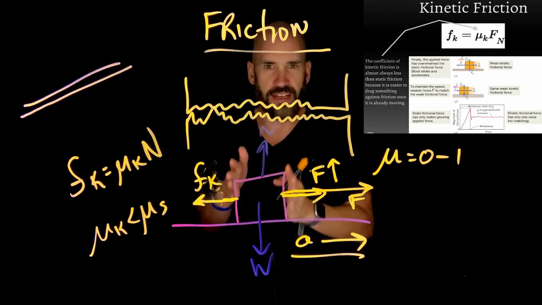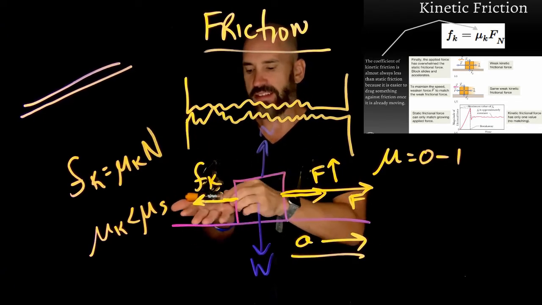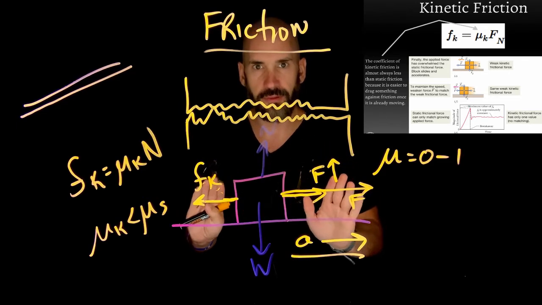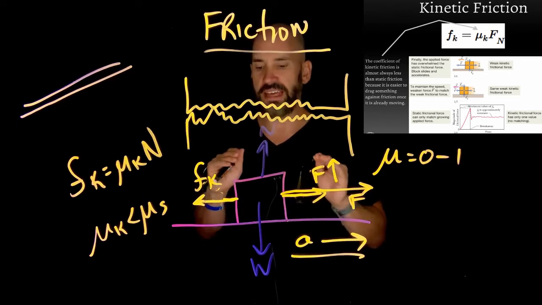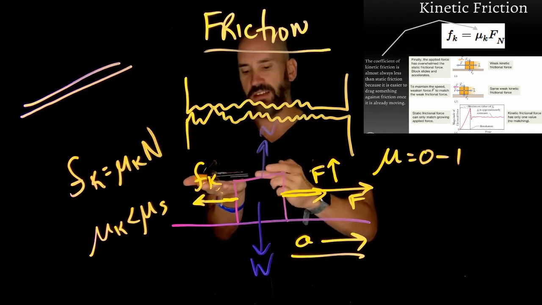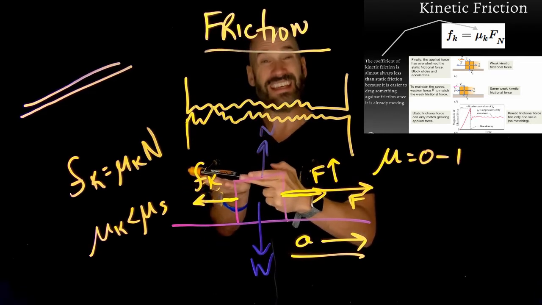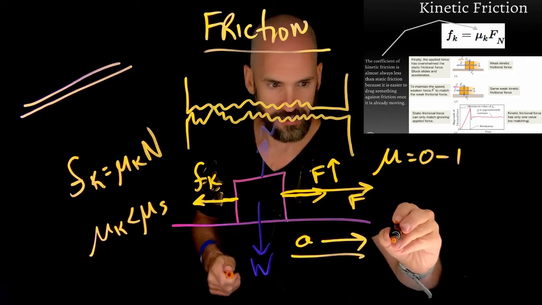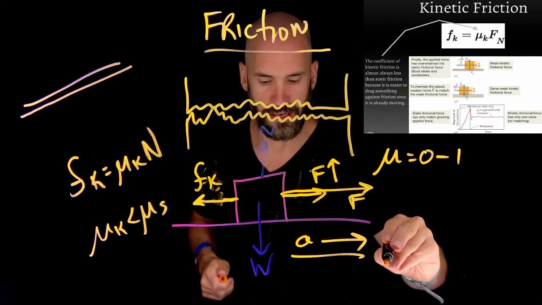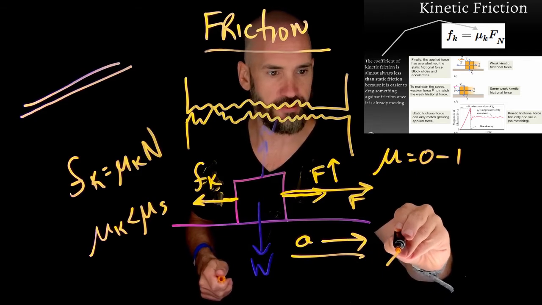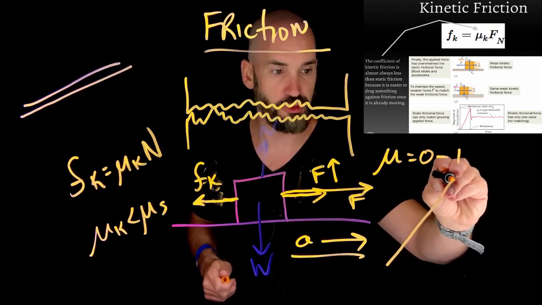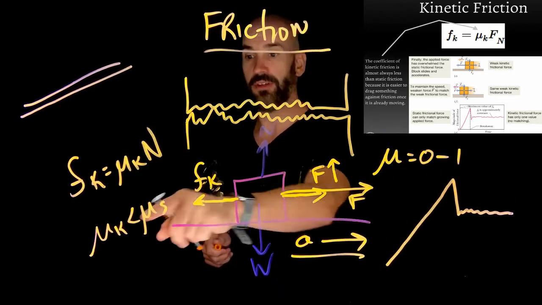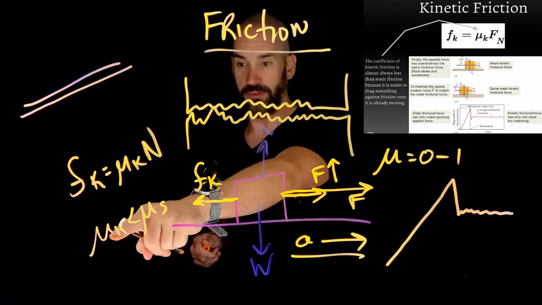It can be hard to start to get something moving, but once it gets moving, it's easier. You can see that in this little graph: as I'm increasing my force, there's this drop because the coefficient drops from mu s to mu k.